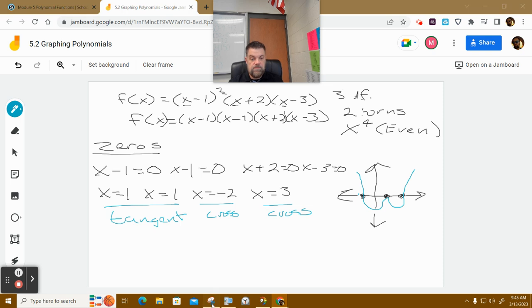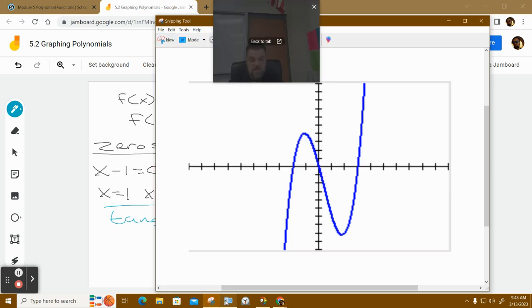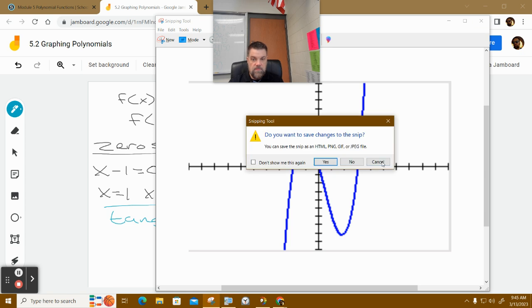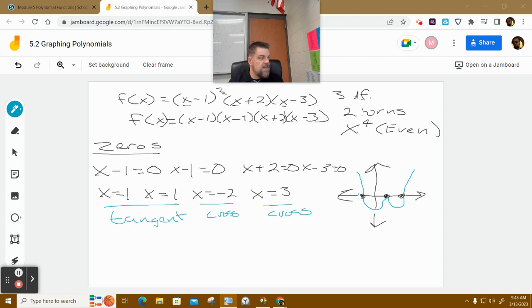You ready? I'm trying to hurry to beat the clock. Let me move this over here. We've got y equals x minus 1, raised to the 2nd power, times the quantity x plus 2, times the quantity x minus 3.